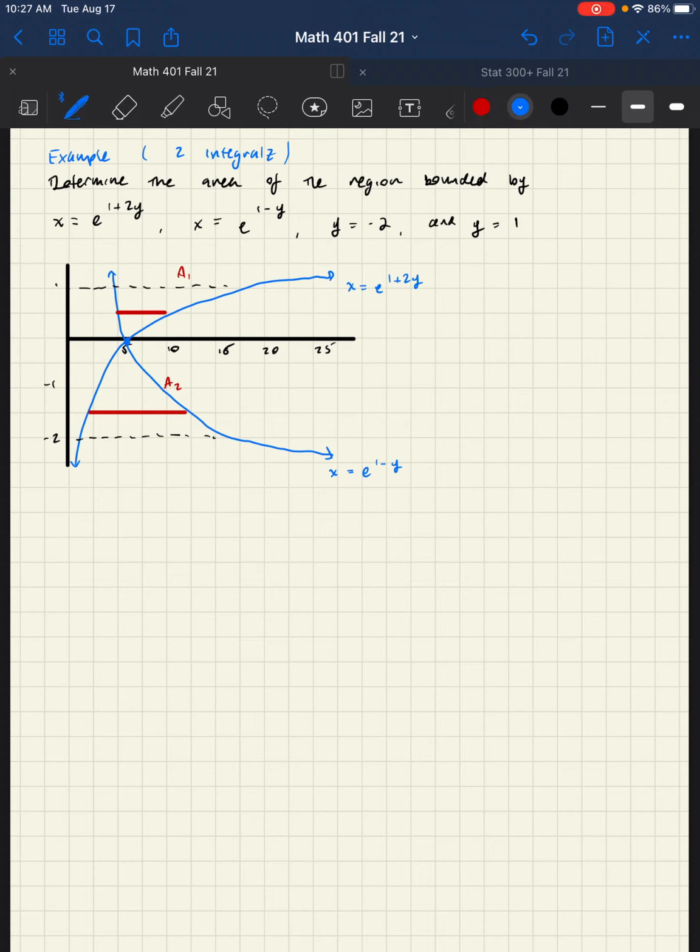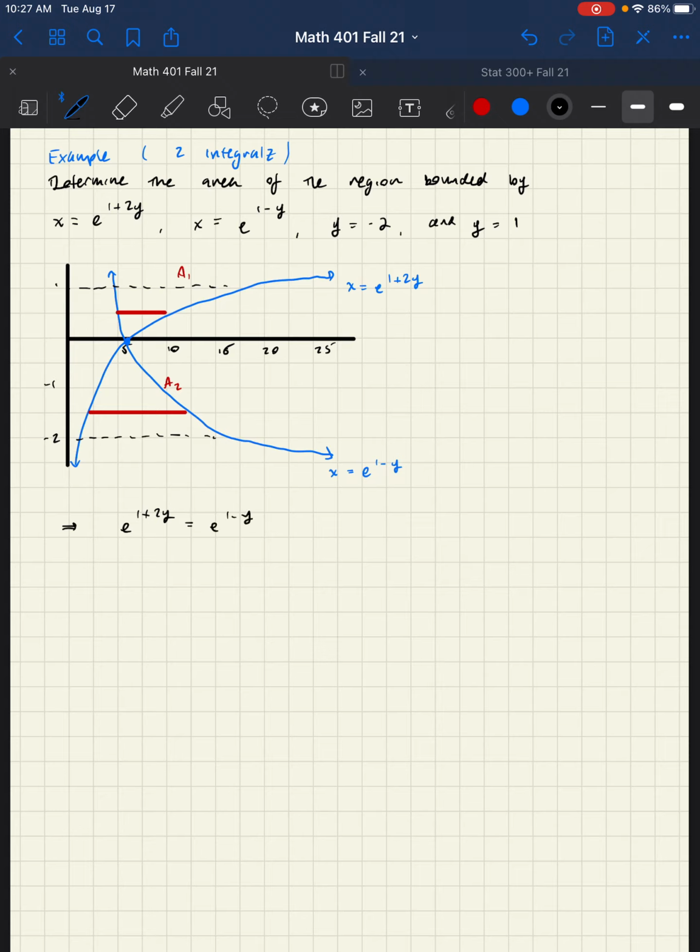But we also need to find the point of intersection, which we suspect is 0. So the y value there is going to be 0, but we should check. So for our point of intersection, we set the two curves equal to each other.